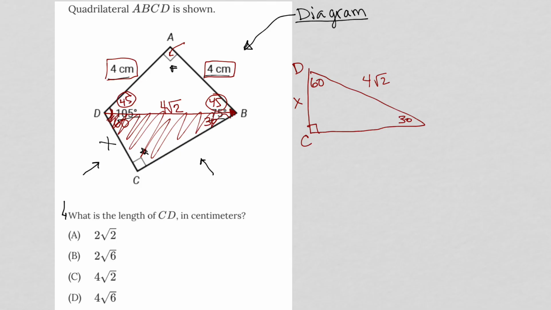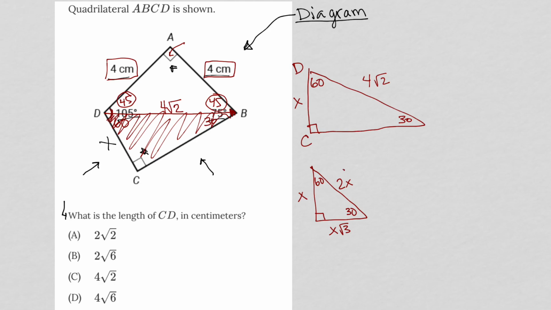So what I know about 30, 60, 90 right triangles is, and I'll draw it in the same orientation, 30, 60, 90. I know that the side opposite of 30 is X, the side opposite of 60 is X root 3, and the hypotenuse is 2X.